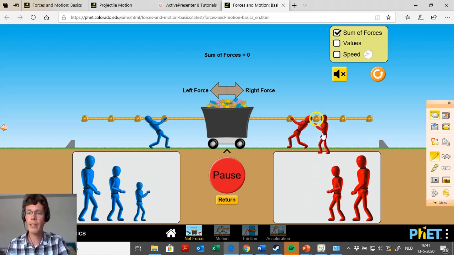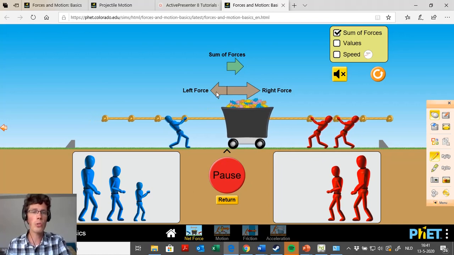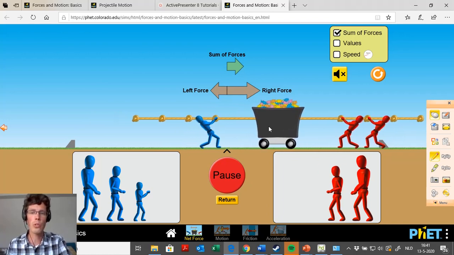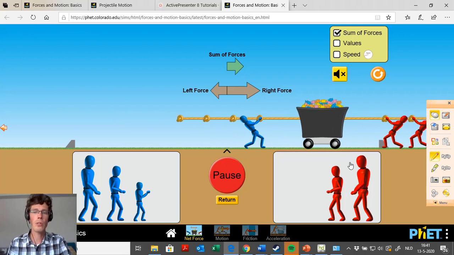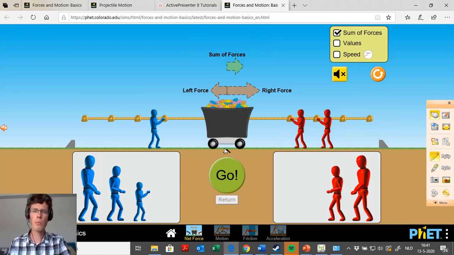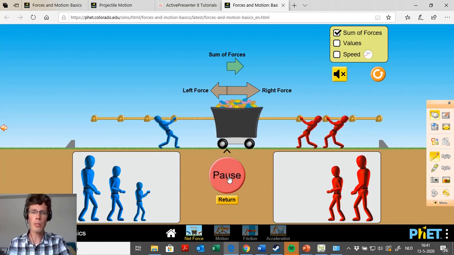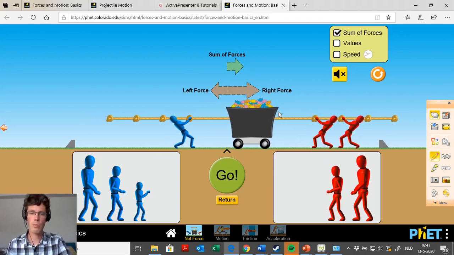When I add an extra red guy, the force to the right is larger than the one to the left, so there's a sum of the forces, and red team wins. Still, no surprise. So let's start out like this, and if I then pause it, the cart is moving to the right now, but I've paused the simulation.